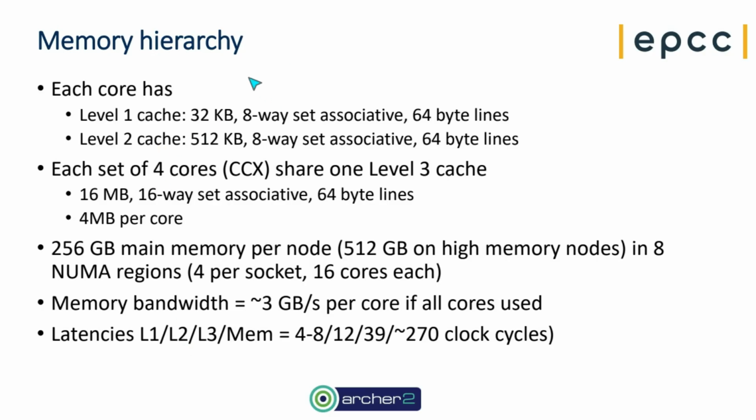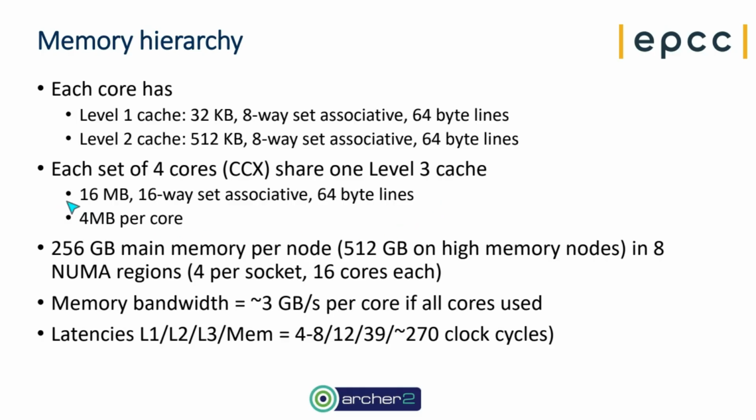In terms of the memory hierarchy, every core has 32 kilobytes of level 1 cache. It's 8-way set associative, and the line size or block size is 64 bytes. Level 2 is 512 kilobytes, with the same set associativity and line size. Each set of 4 cores, which AMD call a CCX, a core complex, shares one level 3 cache.